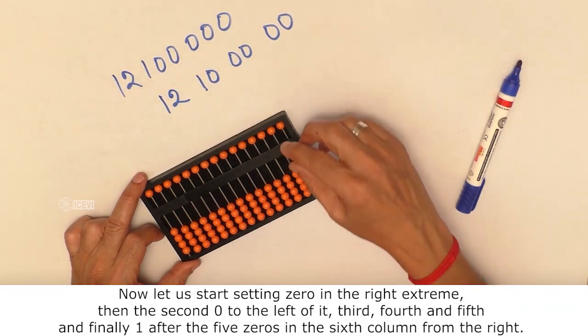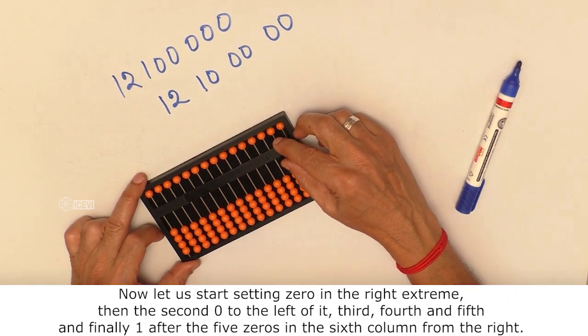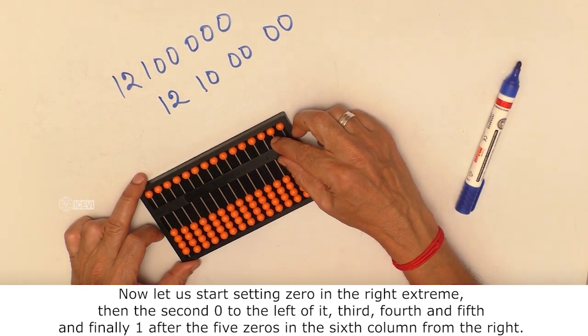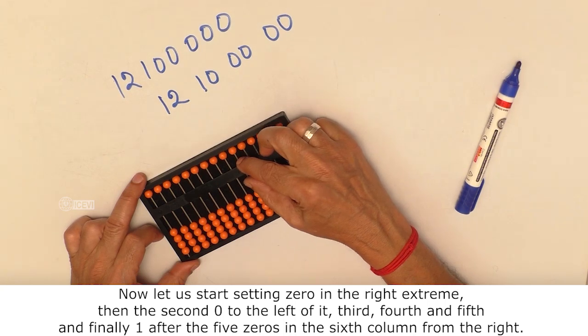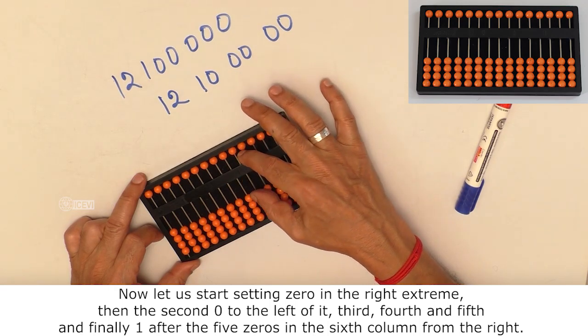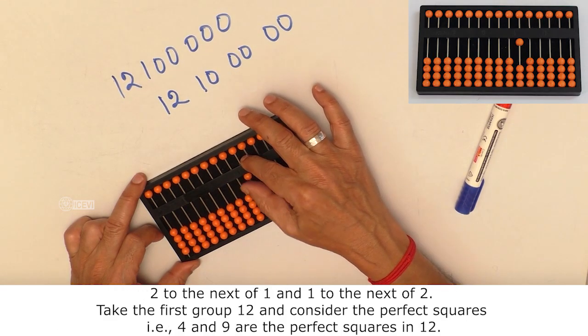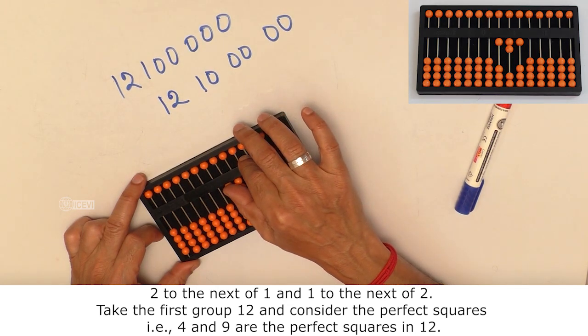Now let us start setting 0 in the right extreme, then the second 0 to the left of it, third, fourth and fifth, and finally 1 after the 5 zeros in the sixth column from the right, 2 to the next of 1 and 1 to the next of 2.